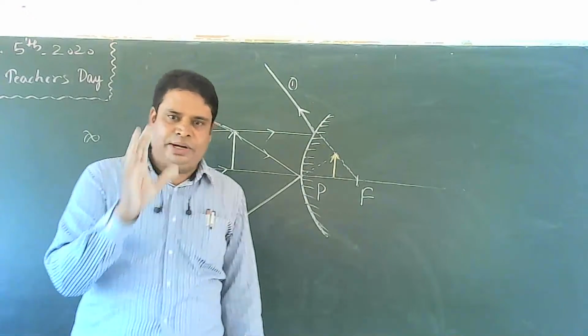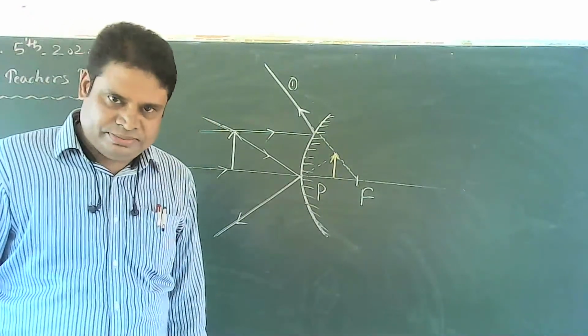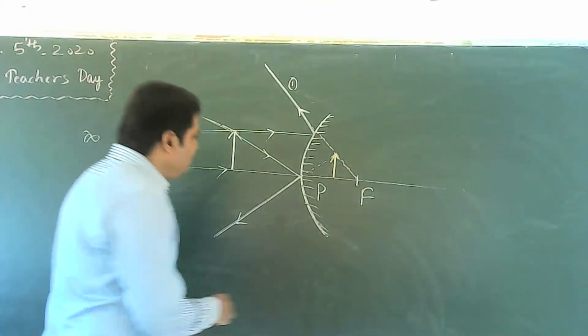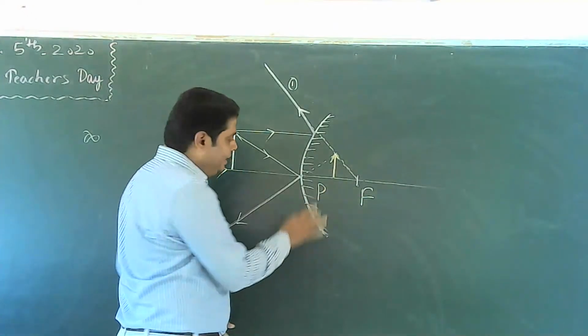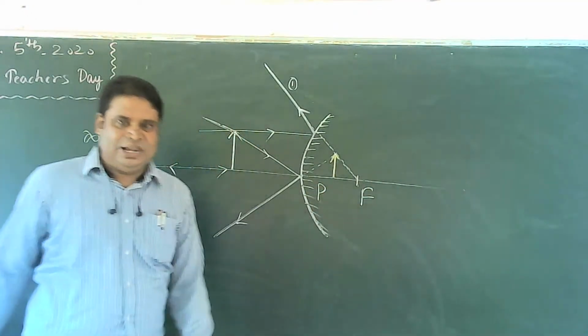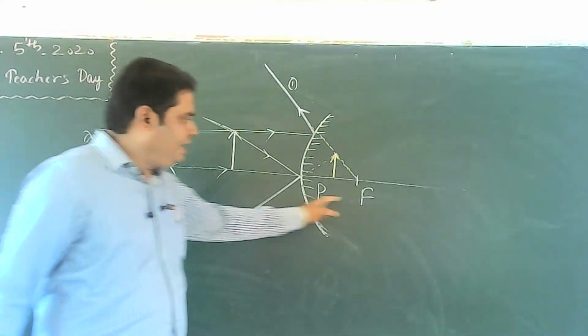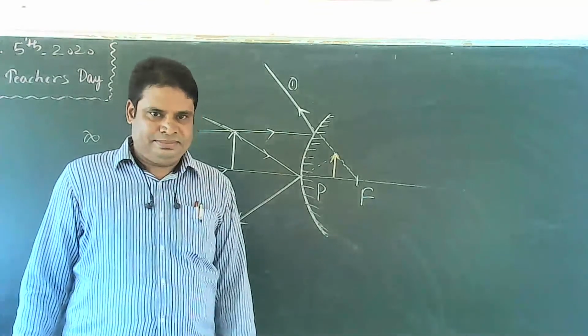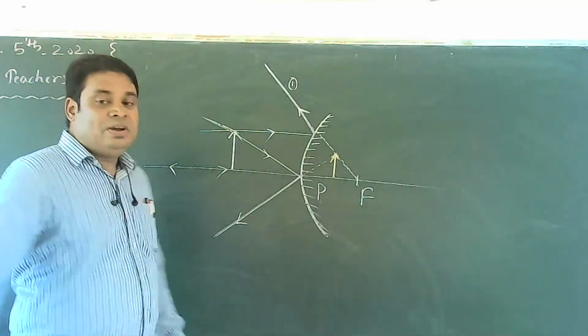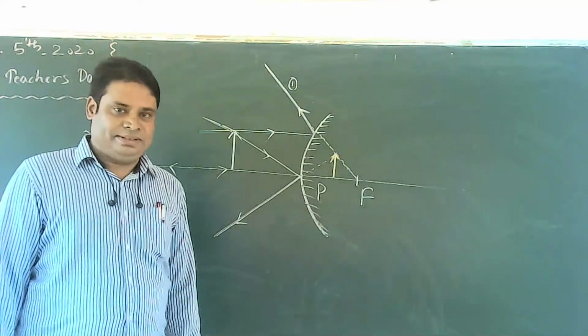In all the cases, we get only a virtual image. How? All the images will form between P and F only. Whatever the position, the image will be formed between P and F only. This is the case of the convex mirror.